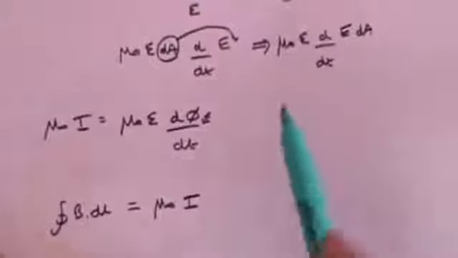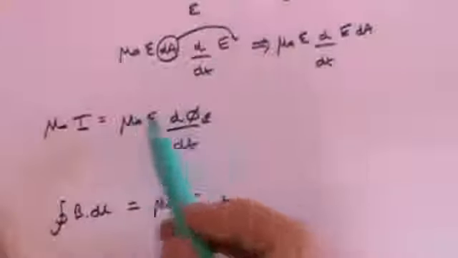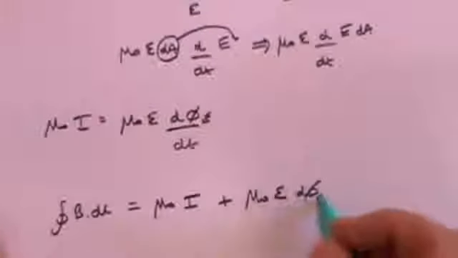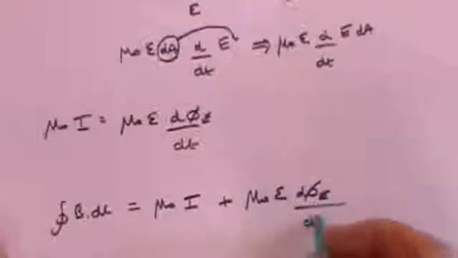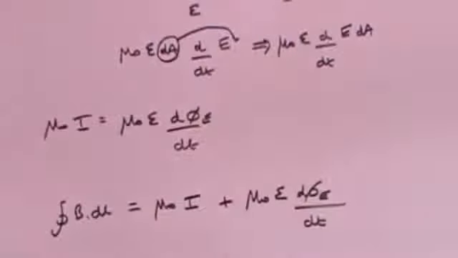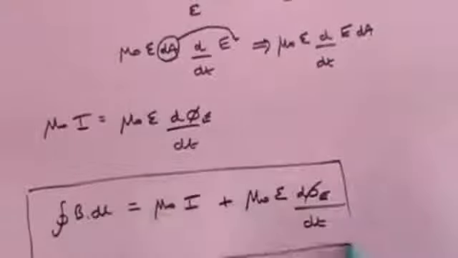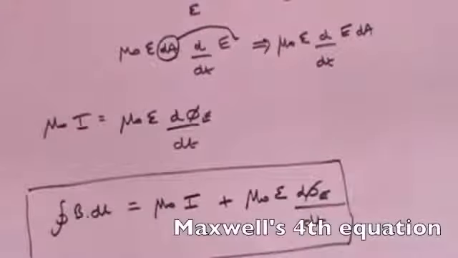But if you've got this capacitor problem here, you also have to add this displacement current, which is mu0 epsilon d phi E by dt, and that is Maxwell's fourth law.